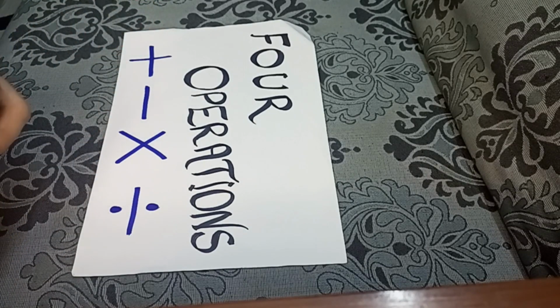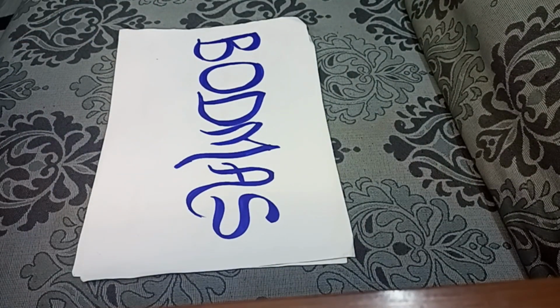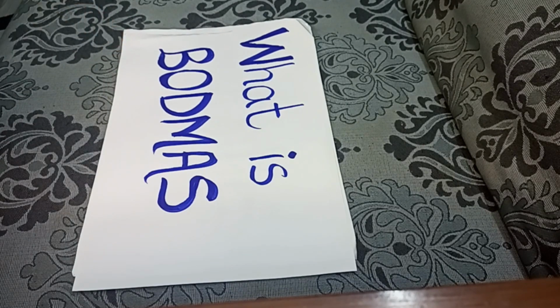All right. When we have these four operations in any equation and we need to solve it, we have to apply BODMAS. Now the point is, what is BODMAS? As you can see, BODMAS.